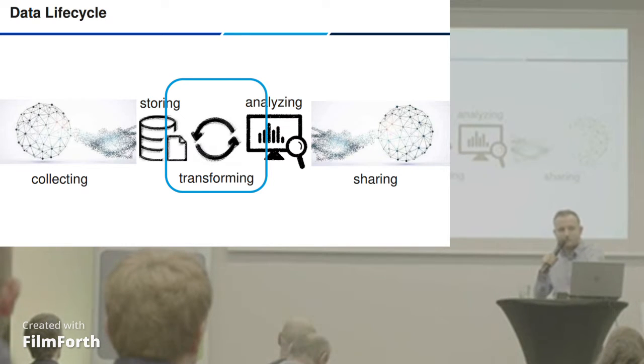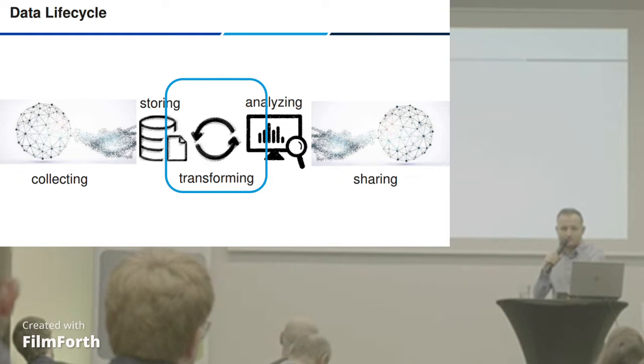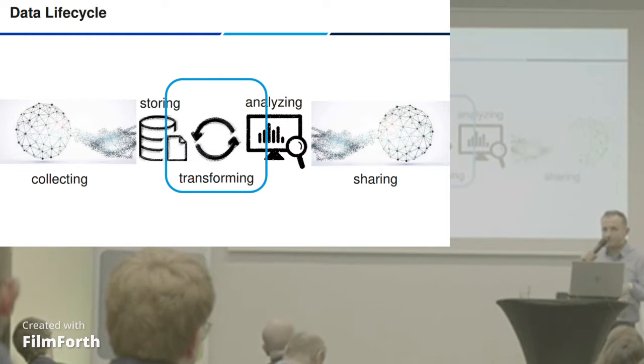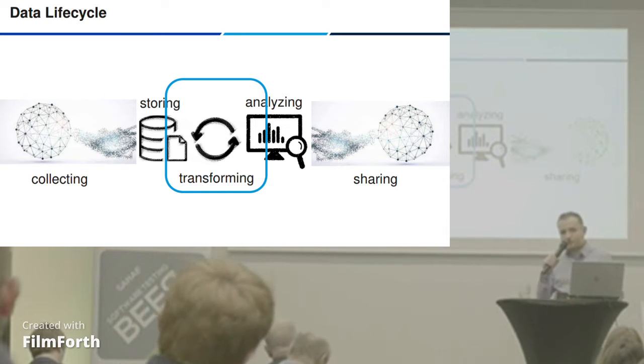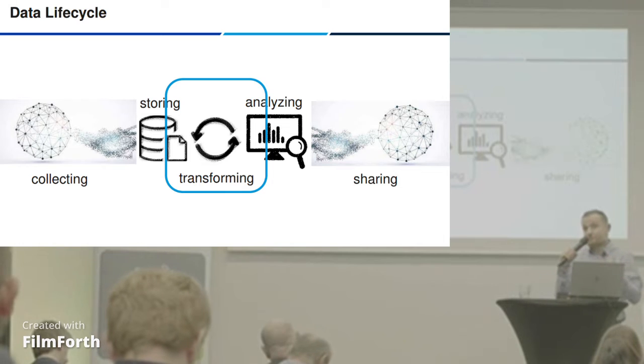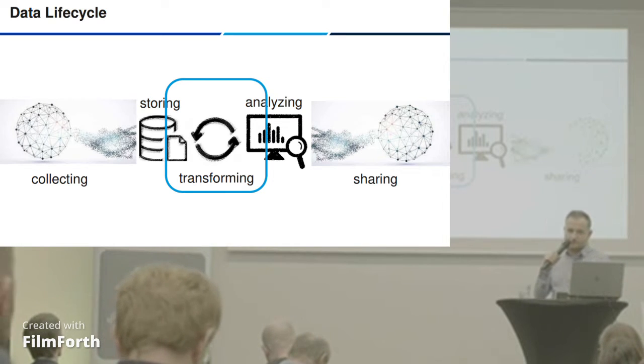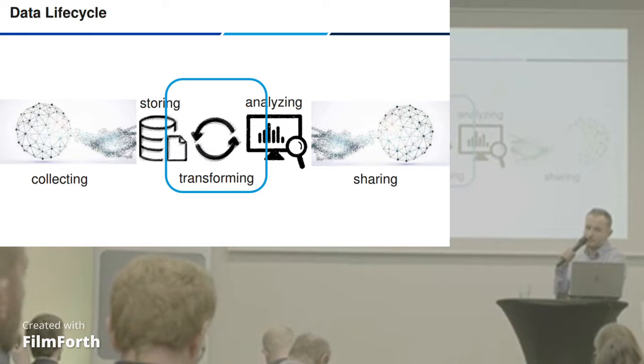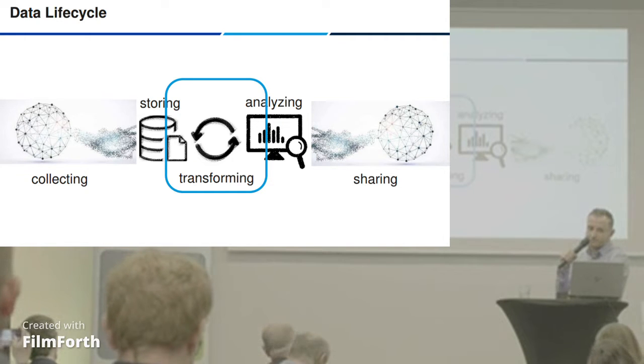Today I would like to focus on one of the phases: transforming. Exactly here we can make many mistakes, because many things can happen during this phase. We can corrupt data exactly here, mostly.